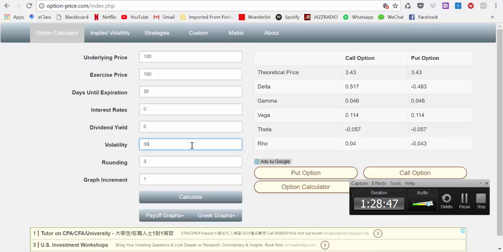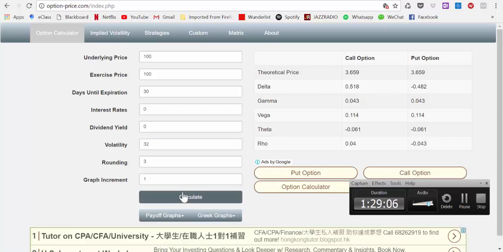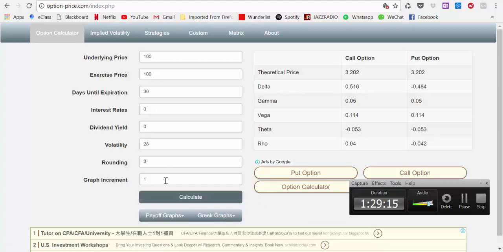The Vega here is 0.114. If I change my volatility from 30 to, let's say, 32, everything will change, but Vega will not change. Can you see that? If I change it to 28, Vega doesn't change.